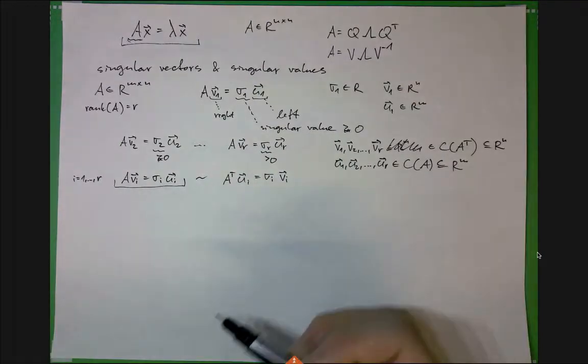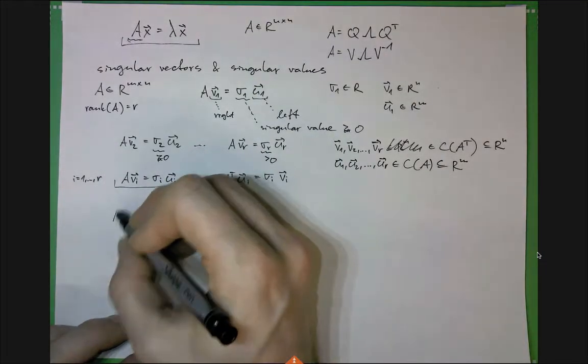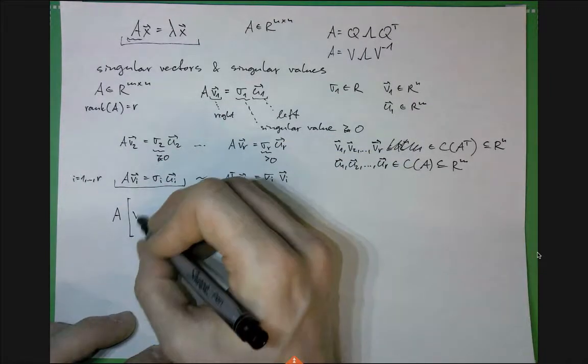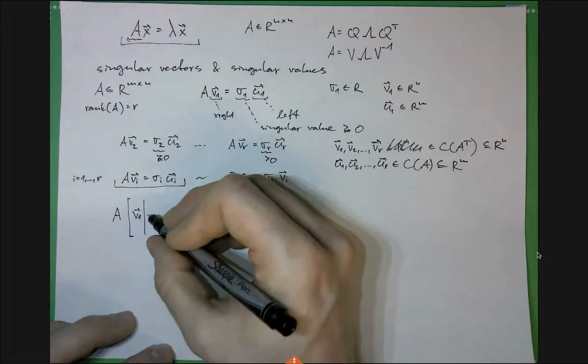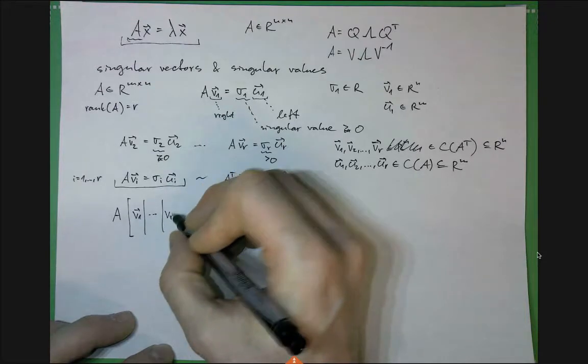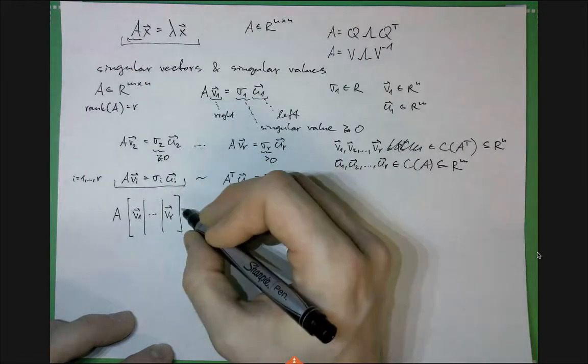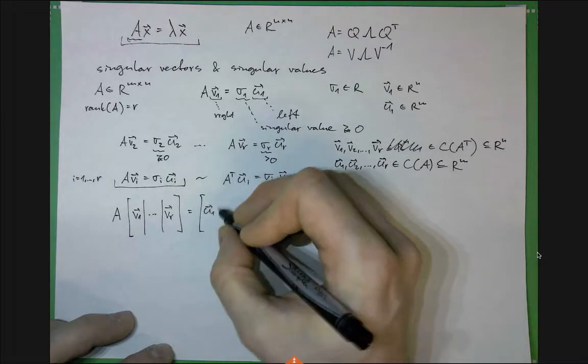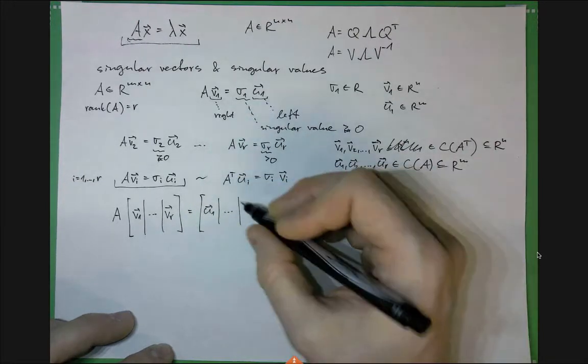So I can write this in matrix form like this. Here is my A, and I can put all these vectors v, there are r of them, into a matrix. Similarly, I can put all the u's into another matrix.